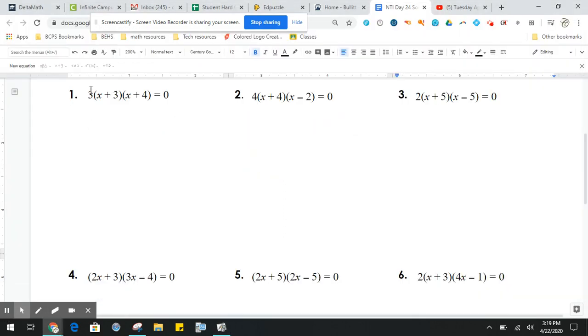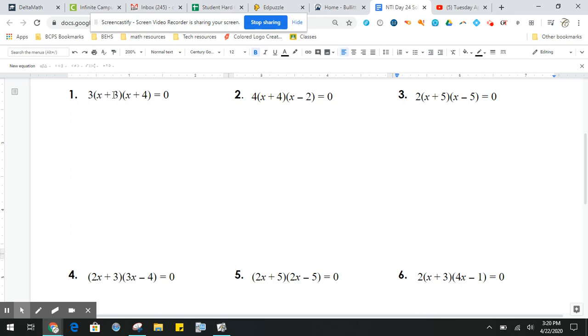So on number 1, you can see I have 3 parts. The number 3, then x plus 3 in parentheses, x plus 4 in parentheses, equals 0. The 3 parts that I'm multiplying together to equal 0, that's the side where I need to do some solving. You should remember that for anything to equal 0, one of the things you're multiplying has to be 0. Well, 3 can't be 0.